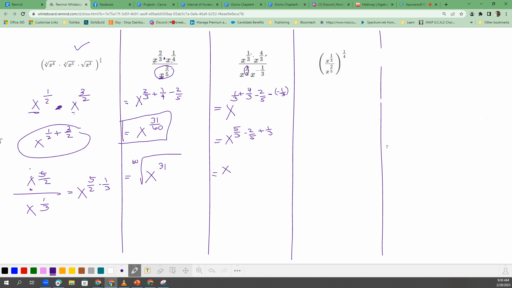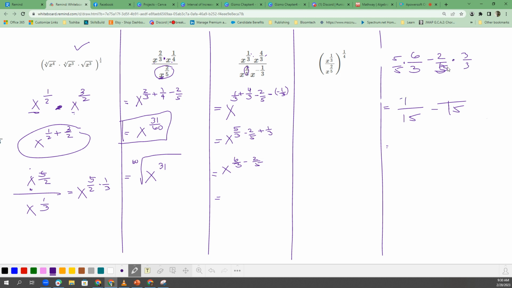x to the power of 1/3 plus 4/3 is 5/3, minus 2/5. Now we can subtract 5/3 minus 2/5. Their common denominator is 15, so you need to multiply the first one by 5 over 5 and the second one by 3 over 3.